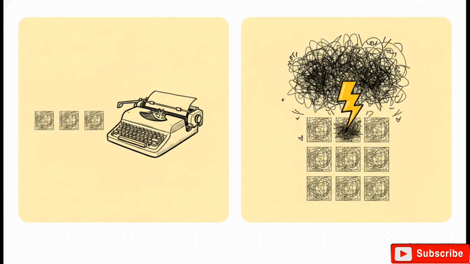DFlash completely trashes that playbook. Think of image generators, right? Like Midjourney or DALL-E. They don't draw a picture pixel by pixel. They denoise a whole block of the image at once. DFlash takes that exact visual concept and applies it straight to text. It generates an entire block of 4 to 8 draft tokens simultaneously in a single forward pass. It's a total game changer.